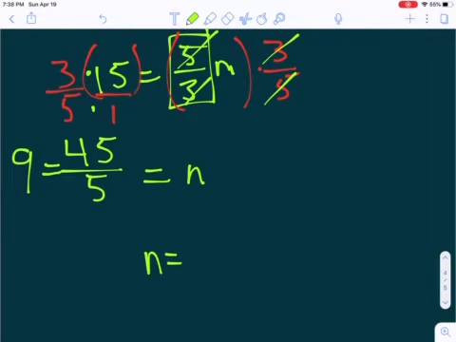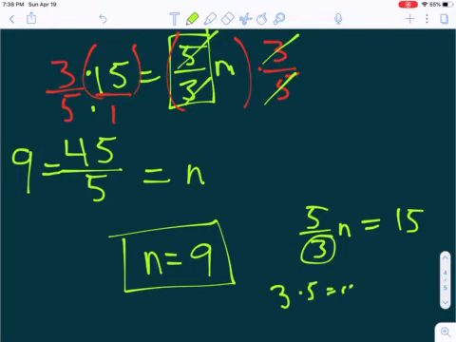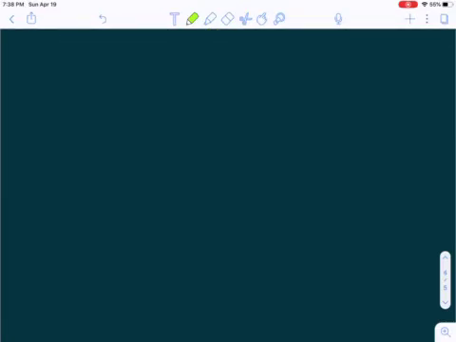So the answer would be n equals 9. And if I think about this, 5/3 n equals 15 means that I'm breaking 9 into 3 parts, so each part would be 3, and I'm taking 5 of them. So 5 parts of 3 would give me 15. So we're looking good.